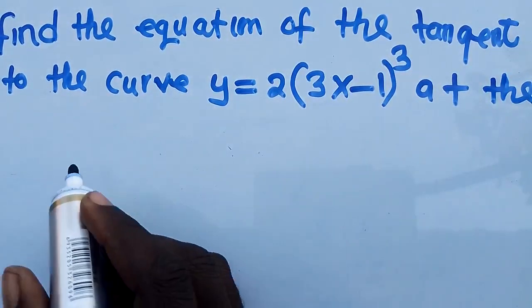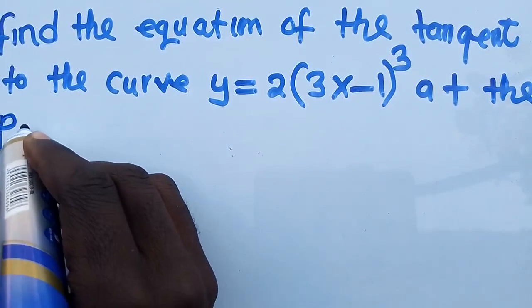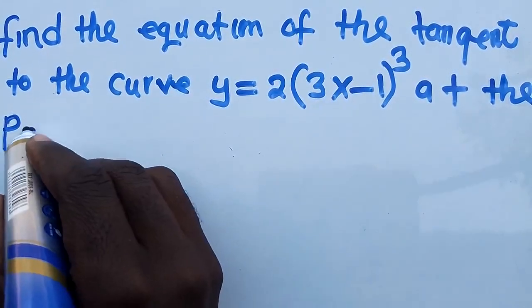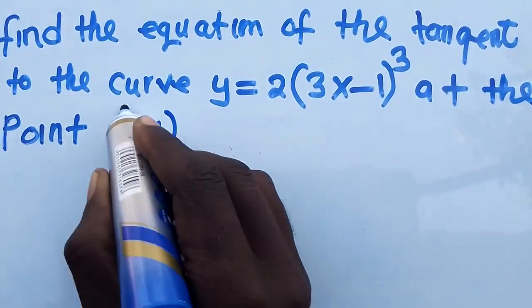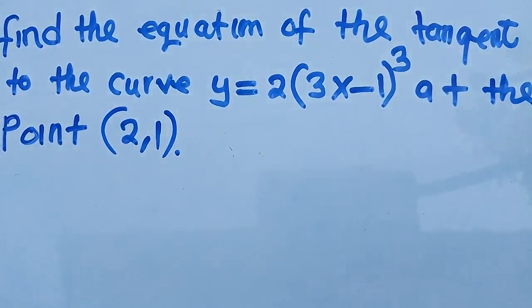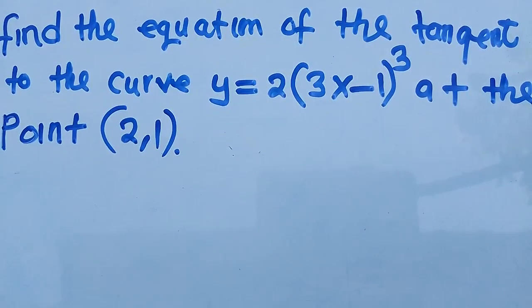Maybe some people are not able to see there. At the point 2, 1. This is the point which is given. So we want to find the equation of the tangent. How can you find the equation of the tangent?